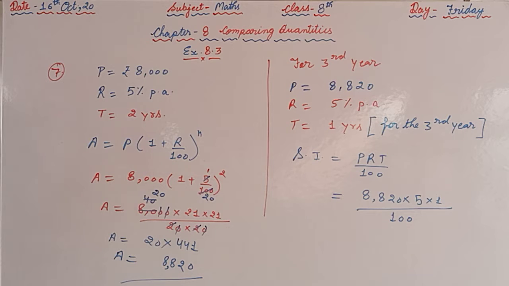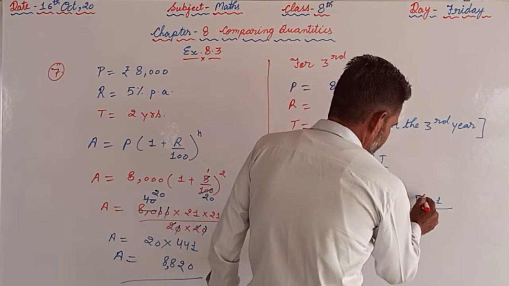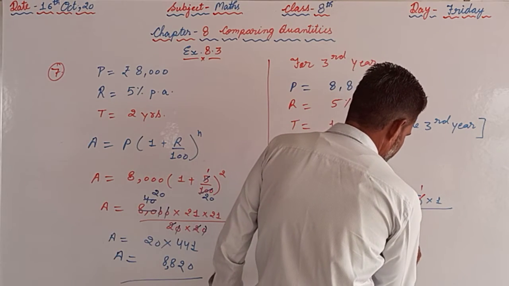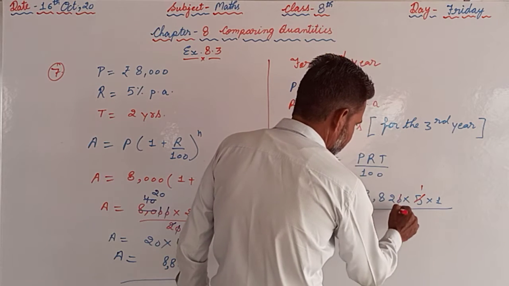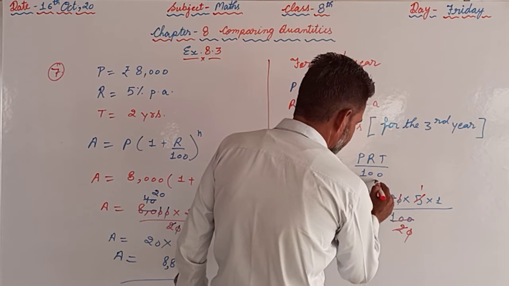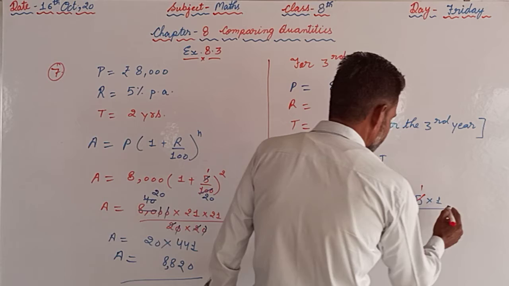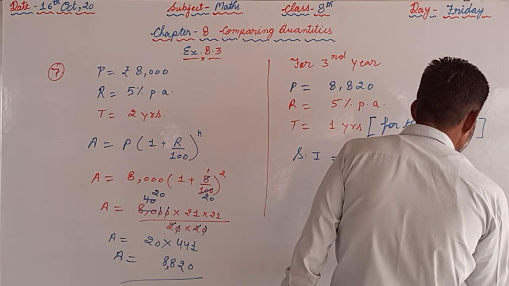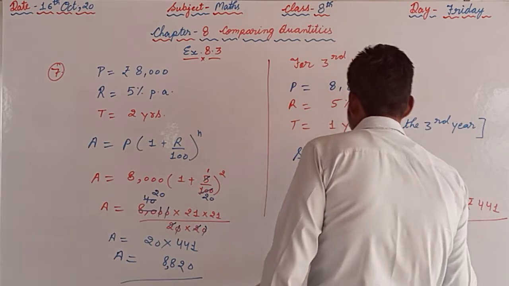So that can be easily calculated. We cut by 5, 5 1s are 5, 5 2s are 10, 1 0 cancels out 1 0, and from 2 we can cancel out 441, and that will be rupees 441.